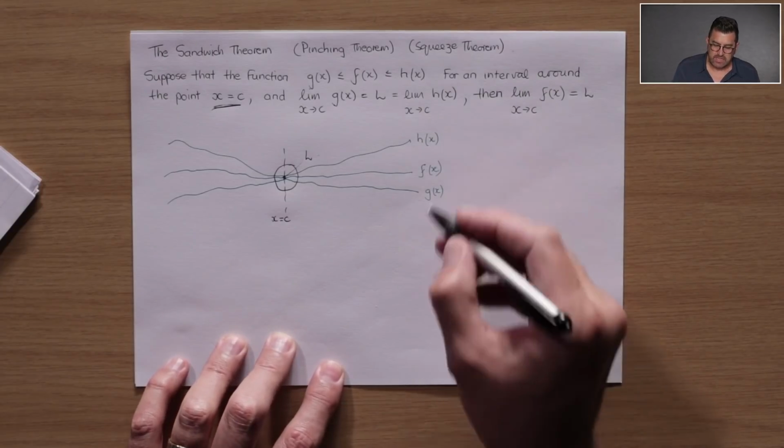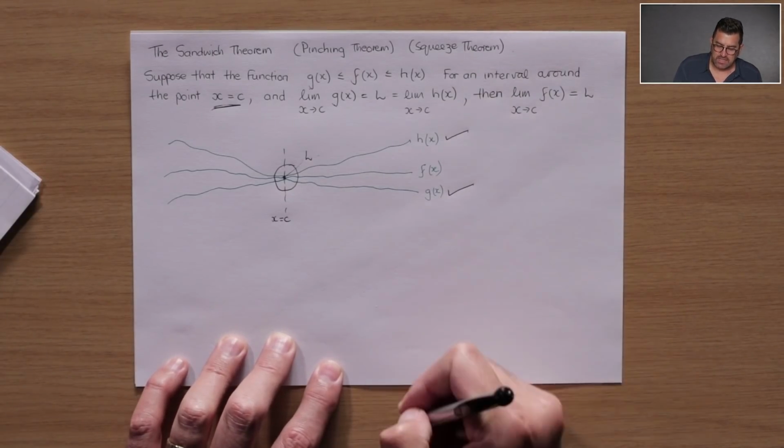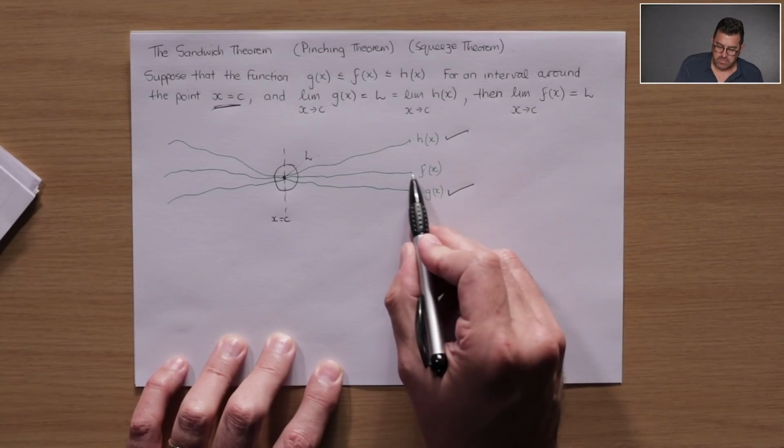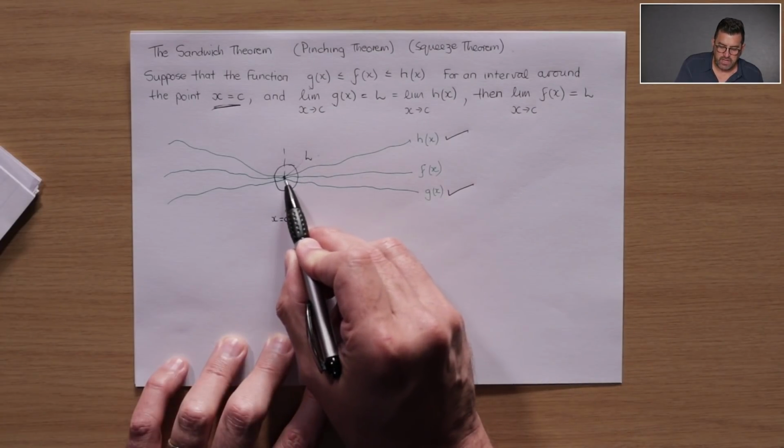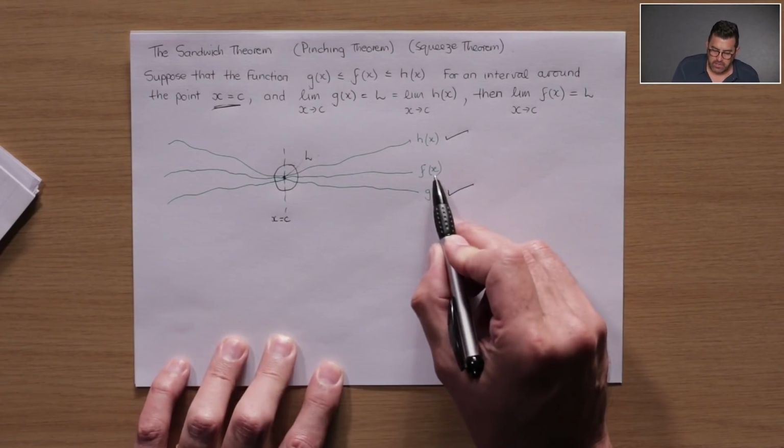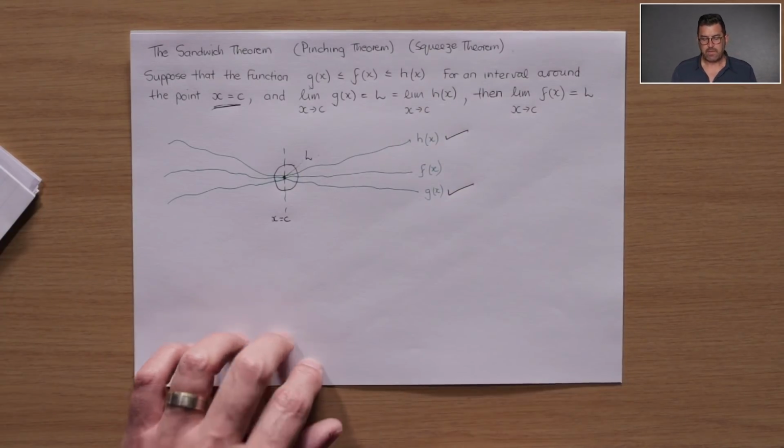Well, this theorem says if that is the case, then the limit of the function f of x will definitely also be L, because it's lying between h and g. So h and g are coming closer to the point, and somewhere in the middle here is where f of x is running.